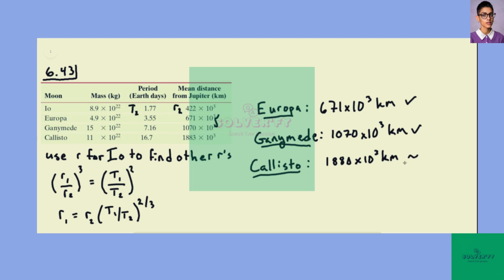And this is wrong in the fourth digit here, and that probably has more to do with the number of digits of precision we have for the orbital radius and period of Io, and for the period of Callisto, than it does to do with Kepler's third law not working. So this is still quite good, and probably if you had better numbers for these, you would get an exact agreement.